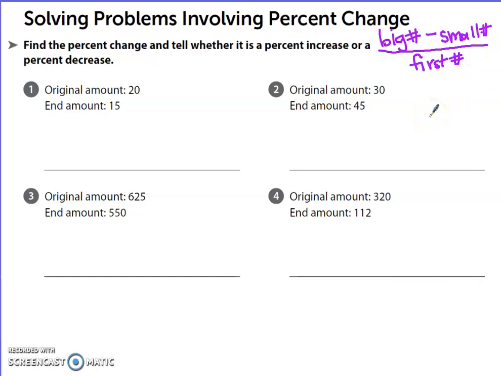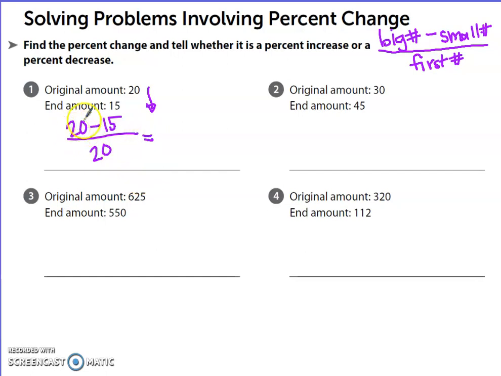The instructions say find the percent change and tell whether the percent is an increase or a decrease. So the original amount for number 1 was 20 and the end amount was 15. This went down. It's a decrease. I'm going to plug into the formula. Big minus small divided by first, or original.